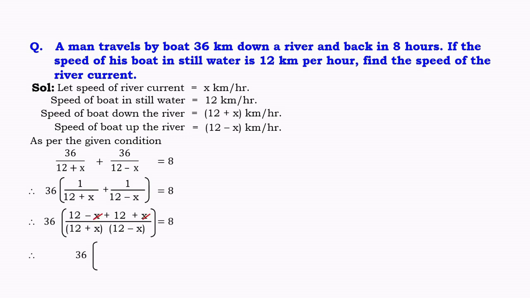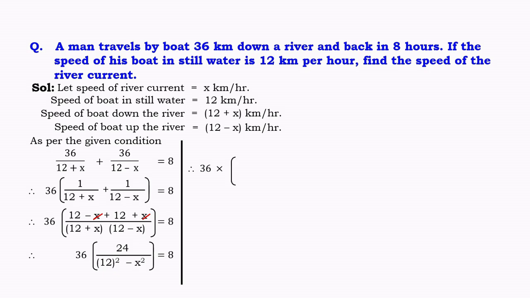The denominator is 12 plus x multiplied by 12 minus x. Using the identity, a plus b multiplied by a minus b equals a squared minus b squared, the denominator becomes 12 squared minus x squared, or 144 minus x squared.